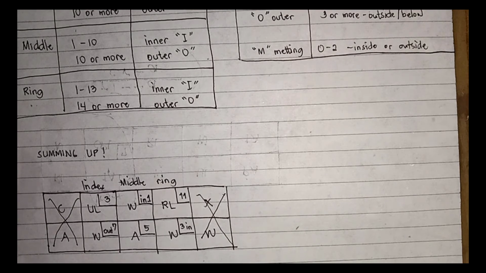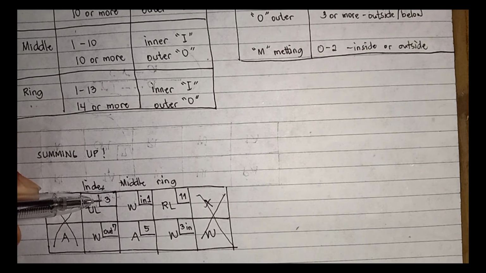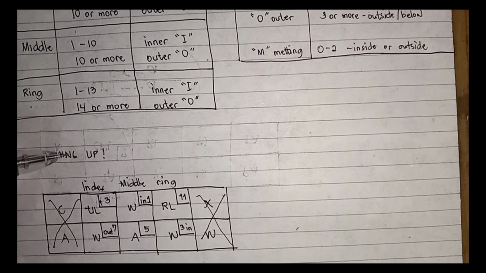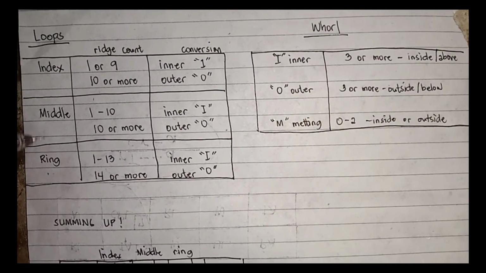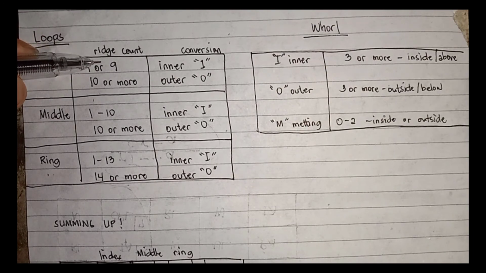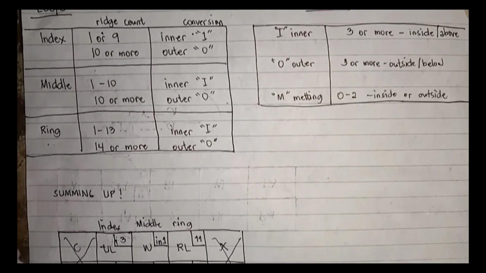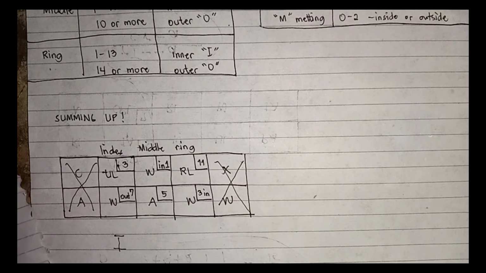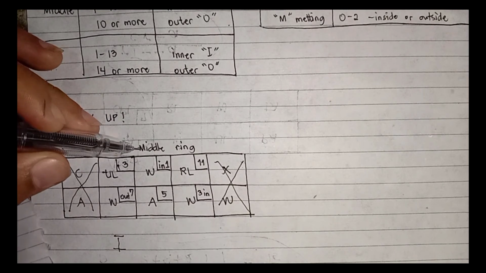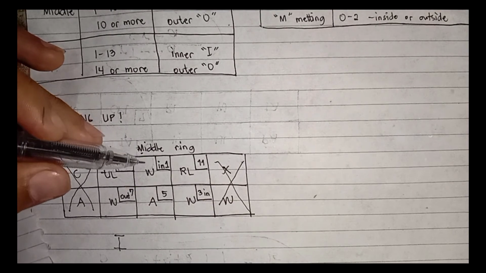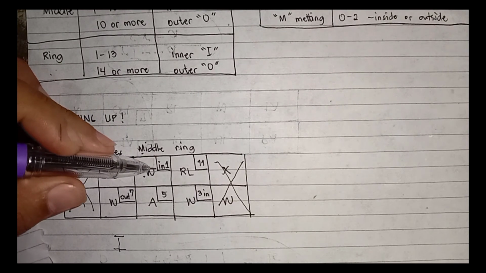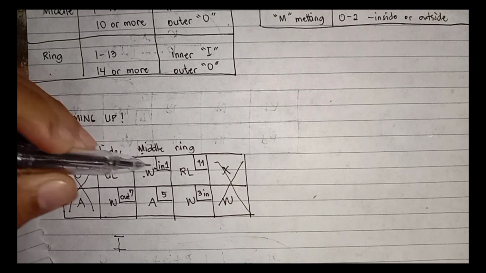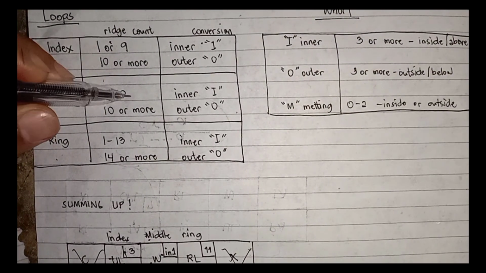Let's start. Right index is an ulnar loop and it has a ridge count of 3. So the conversion is I. Next, the right middle is whorl and it has a ridge count of 1.